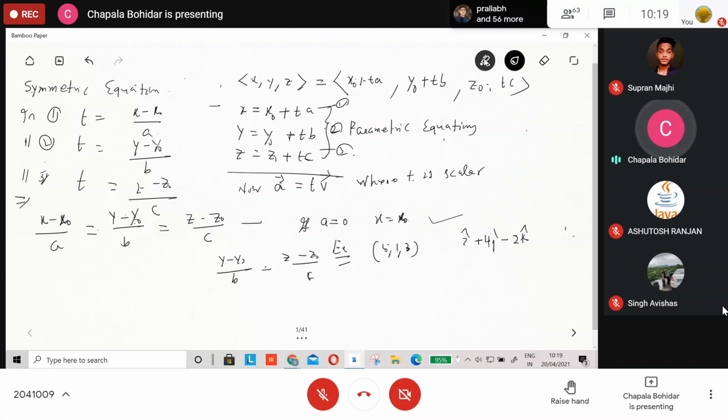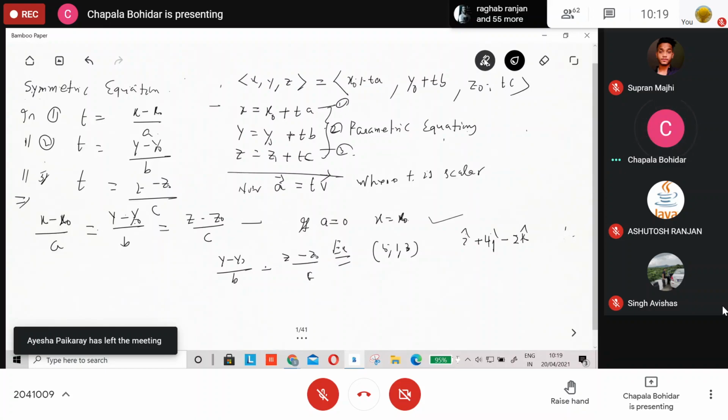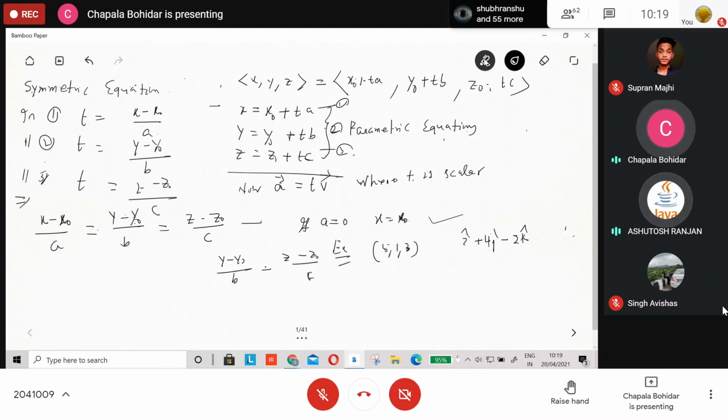So what is the data given here? The point is given, and it is our P0. It is given as (5, 1, 3), and the components of the vector v are given as (1, 4, -2).